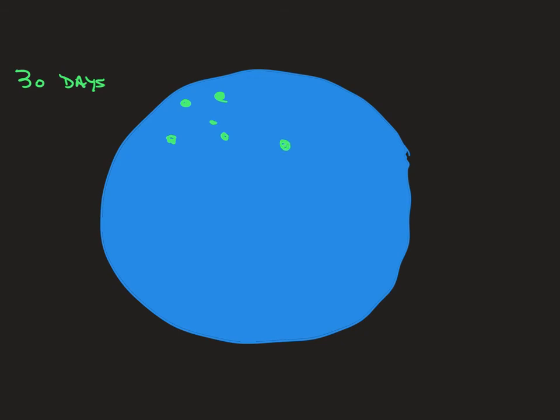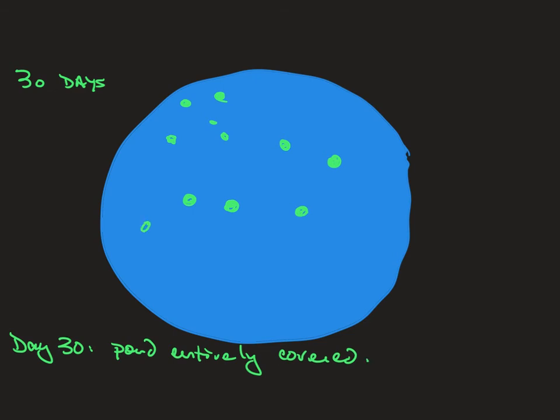Every day, the number of lily pads doubles. And finally, on day 30, the pond is entirely covered with lily pads. So again, it keeps doubling, day after day. On day 30, the entire pond is covered with lily pads.